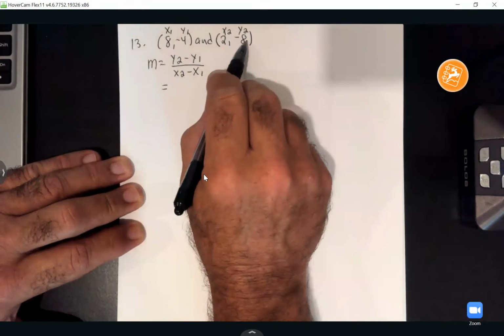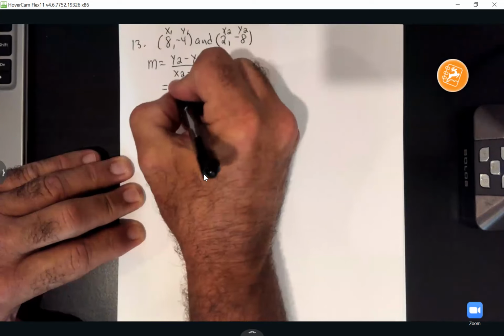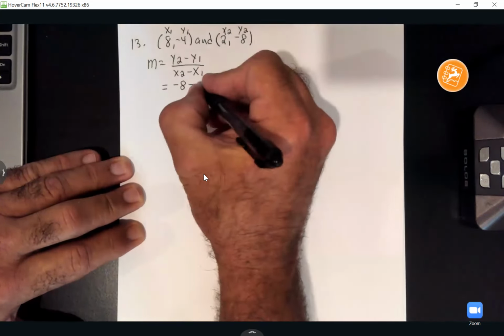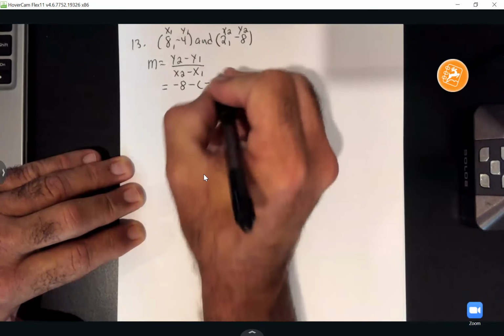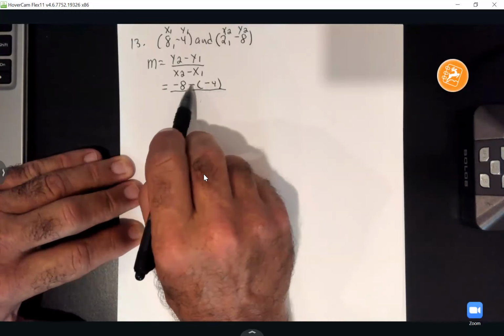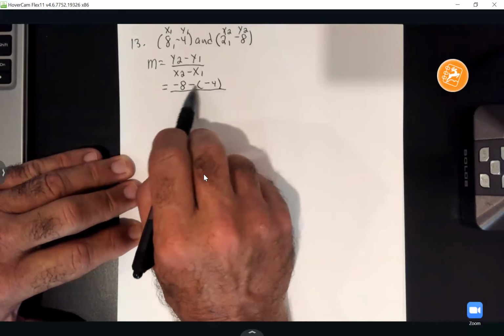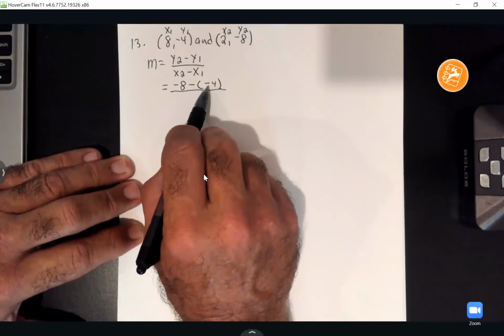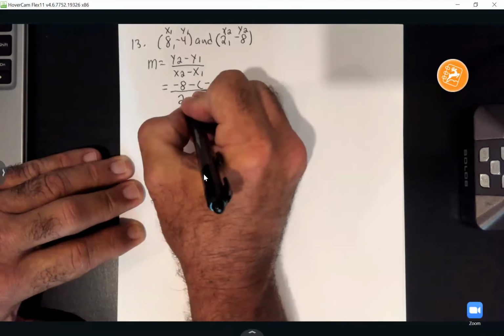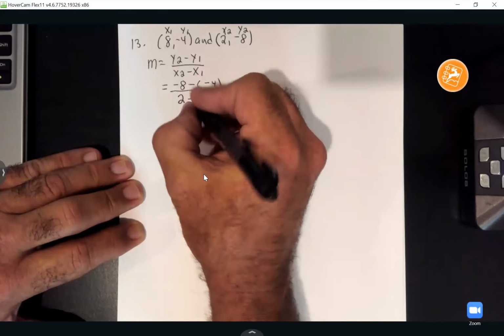So here we go. Y2 is -8 minus, be careful here, y1 is a -4. So the reason I use parentheses on this one, so I can separate the minus sign from my negative sign, okay? Now on bottom, I got a 2 minus my x1, which is 8.